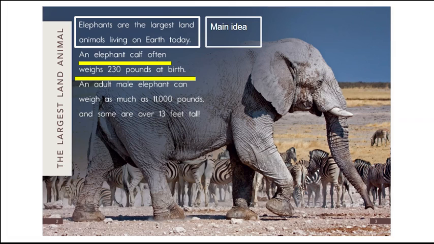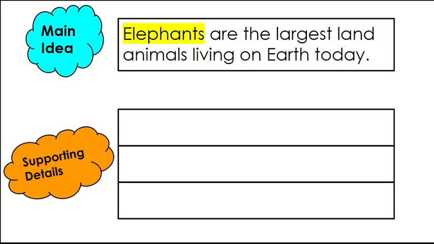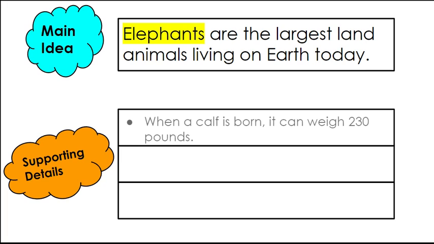Yeah, because 230 pounds, believe it or not, is actually more than I weigh. And that is a calf, which means it's a baby. So that would definitely support this idea that they're the largest land animals. So I can put that as a supporting detail. When a calf is born, it can weigh 230 pounds, because it's supporting that idea.